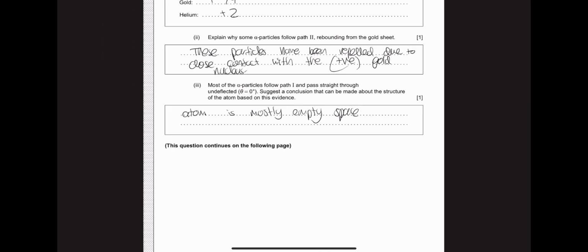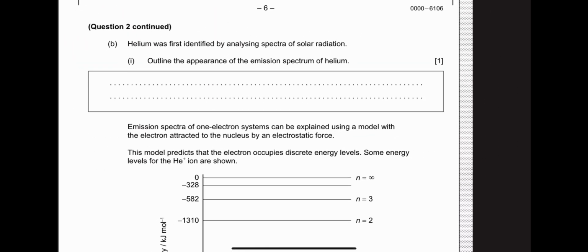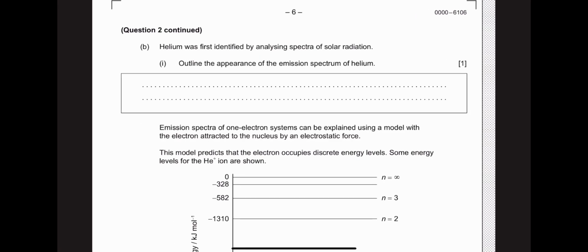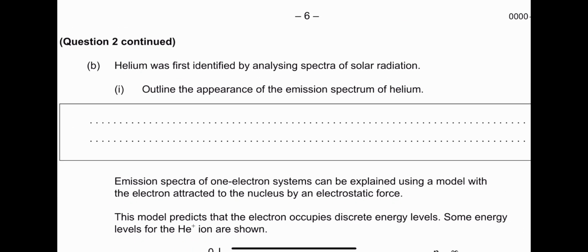Very interesting, no? It's a great experiment. Okay. Helium was first identified by analyzing spectra of solar radiation. Outline the appearance of the emission spectrum of helium. This is a standard question. I'm not really a fan of these questions because it's just memorization. If you know it, you know it; if you don't, you don't.